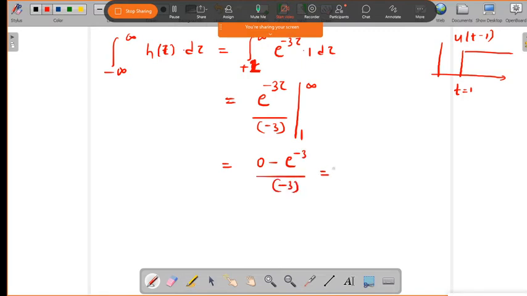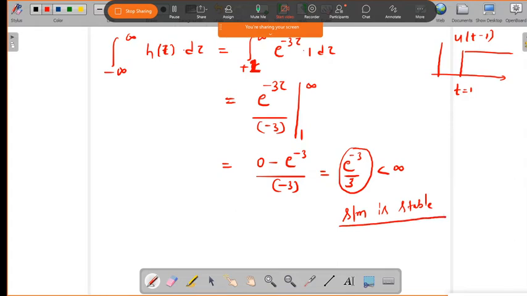So this equals e power minus 3 by 3, which is less than infinity, is it not? So that is why the system is stable. Okay, so understood?